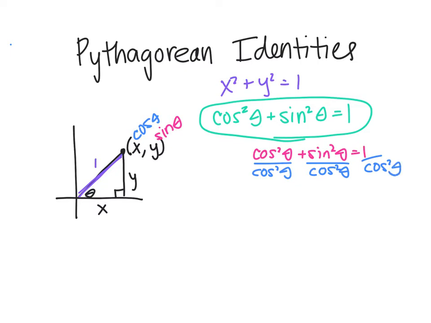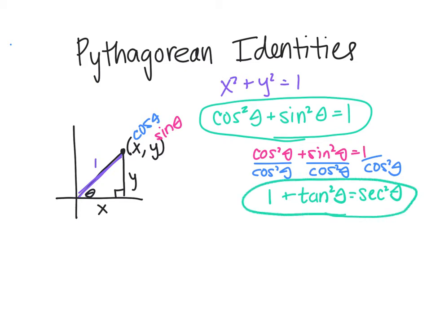We know cosine divided by cosine equals 1. We know sine over cosine is tangent from our quotient identities. So sine squared over cosine squared is tangent squared. And then from our reciprocal identities, we know 1 over cosine equals secant. So the second version of the Pythagorean identities is 1 plus tangent squared equals secant squared.